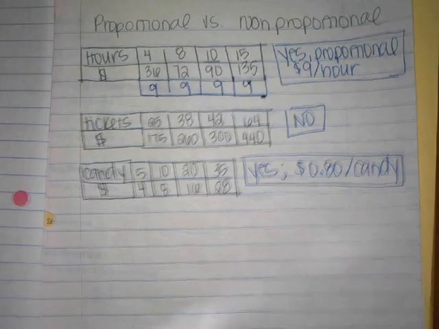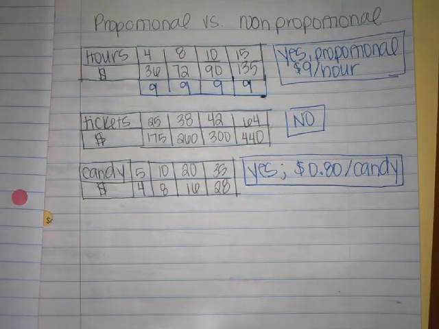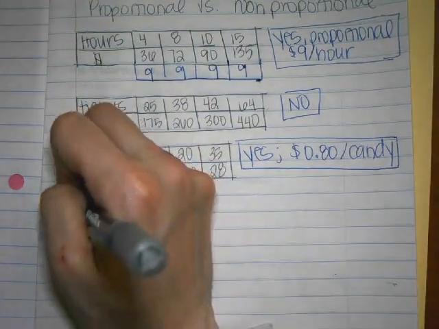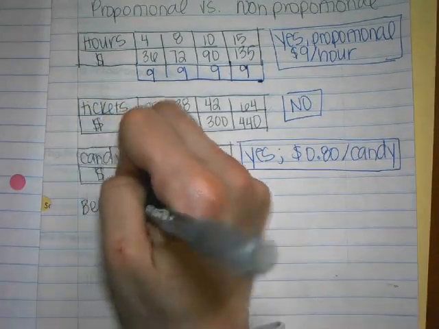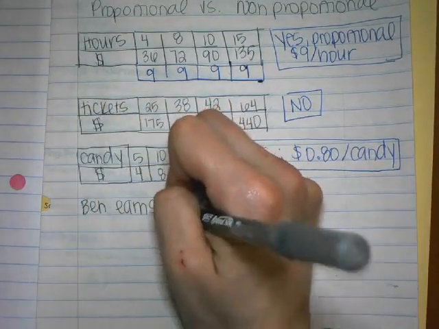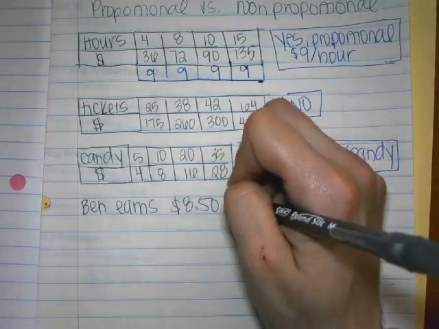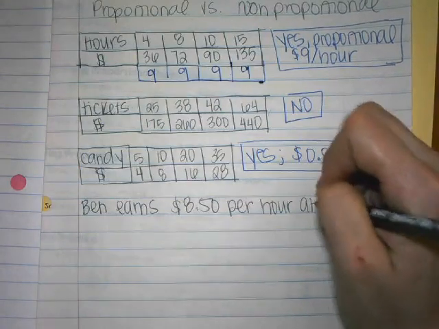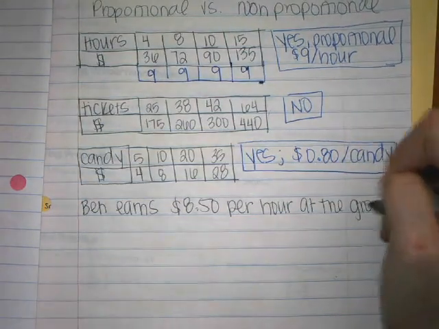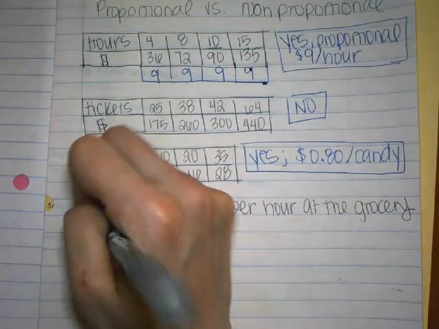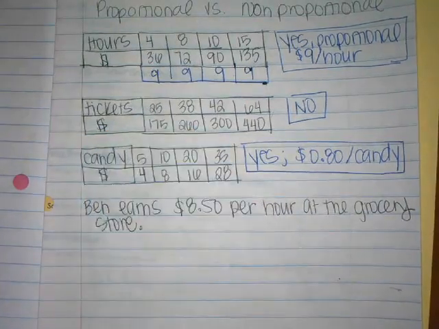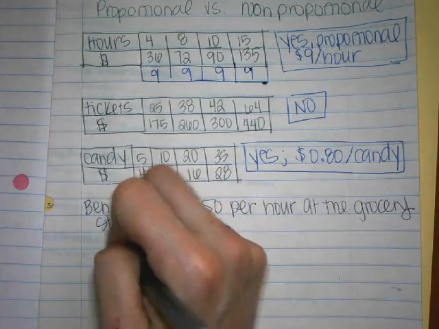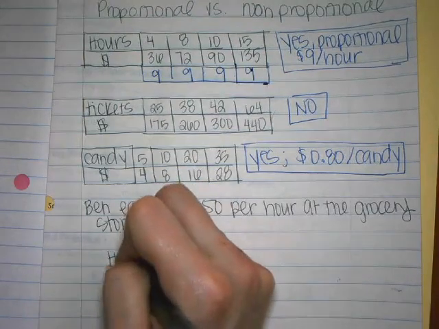Okay, there's one last one I need to give you. Looks a little bit different, but you guys have done it already. So you're going to see something where it says Ben earns $8.50 per hour at the grocery store. And then they're going to give you a table, just like the ones up above, where it says hours and money.